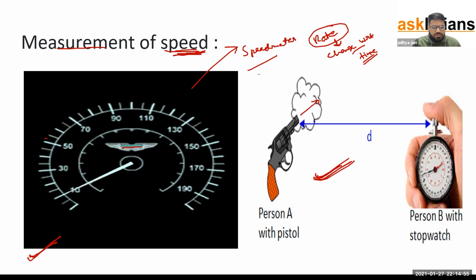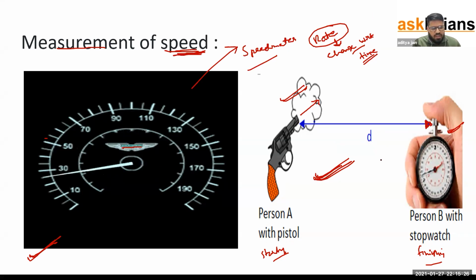A person is sitting at the finishing point. Whenever this person hears the sound of the gun firing, he immediately starts the stopwatch. And when the athlete crosses the finishing line, he presses the stopwatch to measure the time interval.